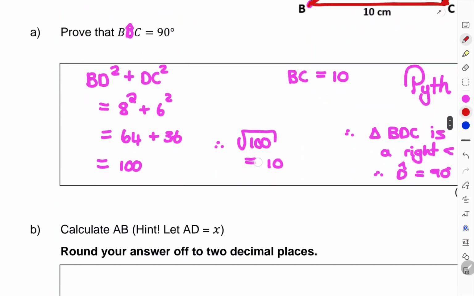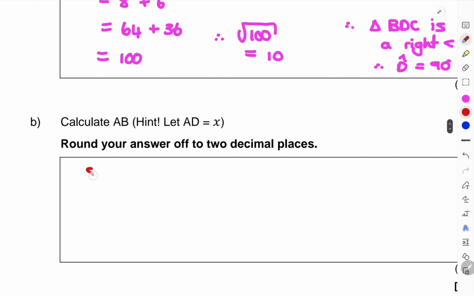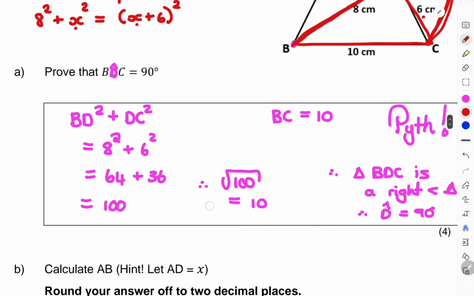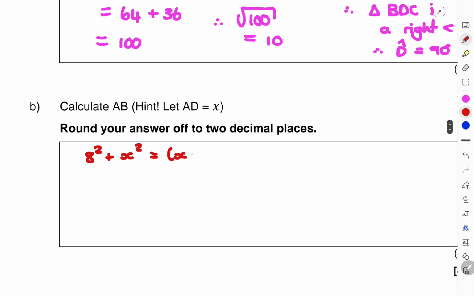So I'm going to continue my sum here at the bottom. So it's 8 squared plus x squared is equal to x plus 6 squared. So 64 plus x squared is equal to x squared.